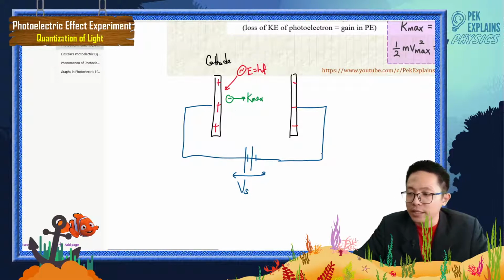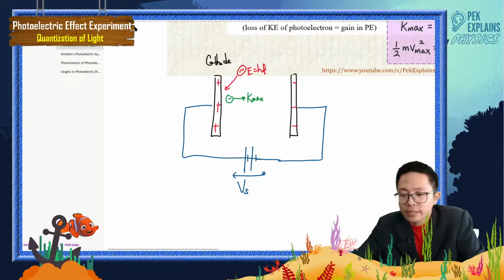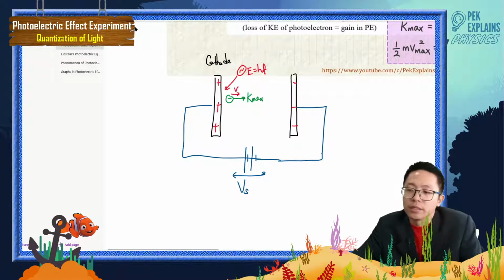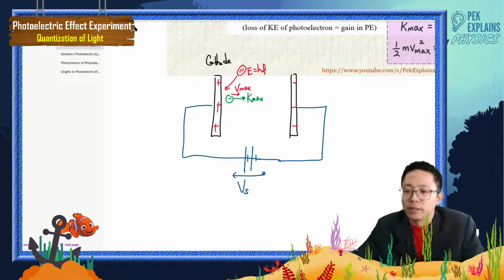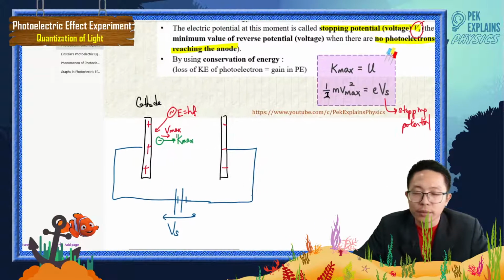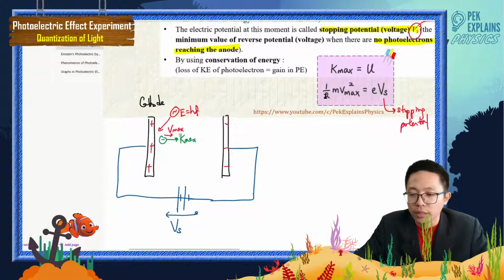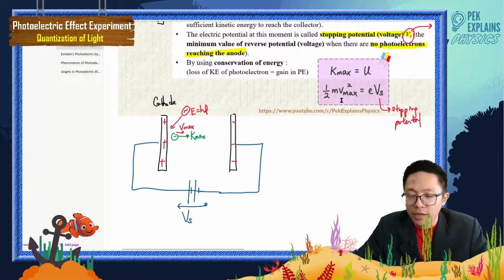When it has kinetic energy, it means it is going with a certain velocity, with maximum velocity. That's why Kmax equals half m vmax squared. Maximum kinetic energy means maximum velocity.